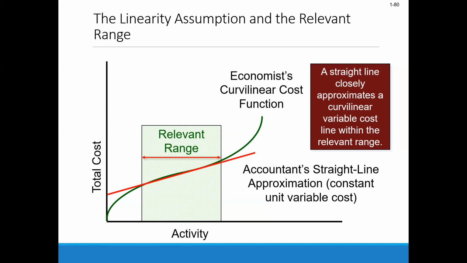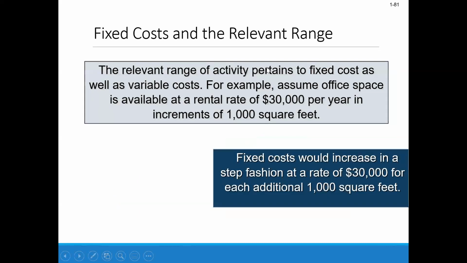So fixed costs remain constant when within a relevant range of what you're doing. Does that make sense? Yes, if I then jump up to 15,000, my little puny office isn't going to handle it within a relevant range. The relevant range of activity pertains to fixed costs as well as variable costs.